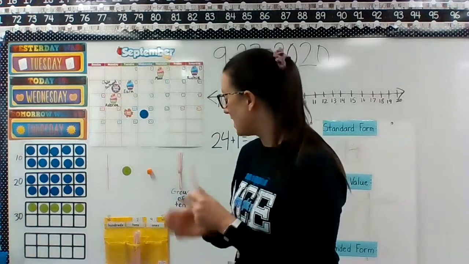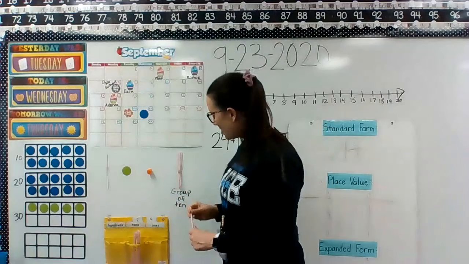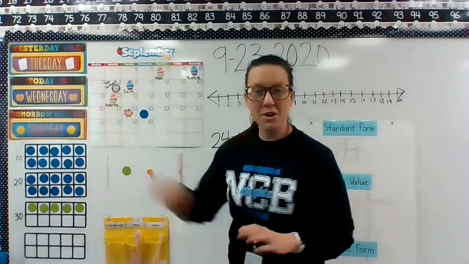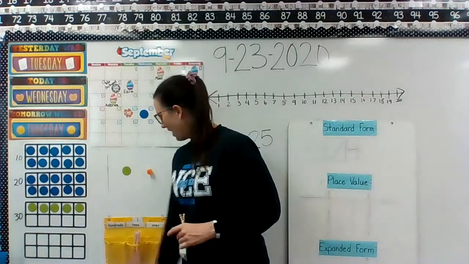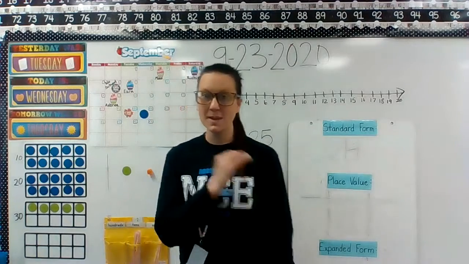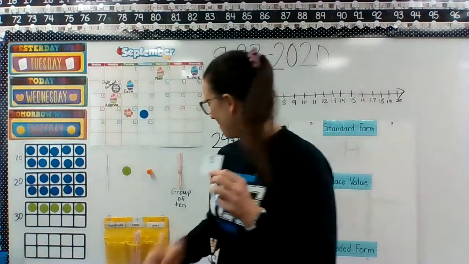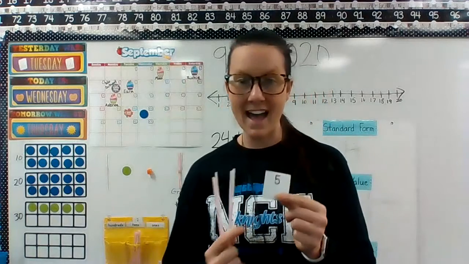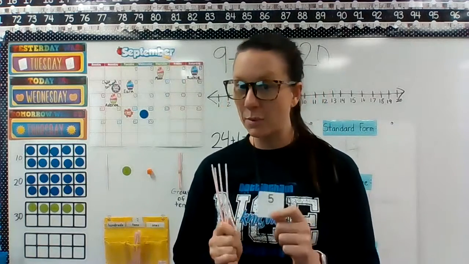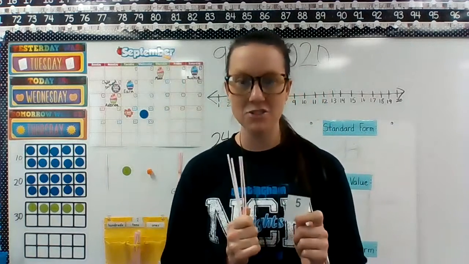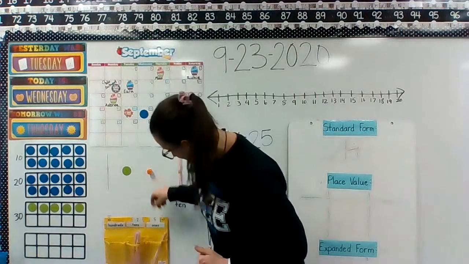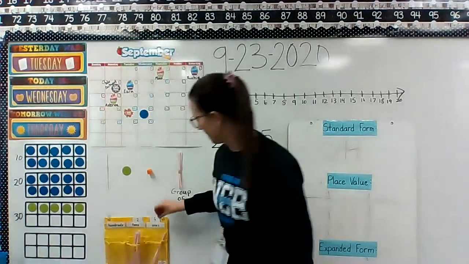So mathematicians, we need to change the digit that's in the ones place, and we need to take the 4 away, and we need to make the digit in the ones place be a 5, because we have 5 ones. And whatever we have built, it has to match. Okay? So 25.